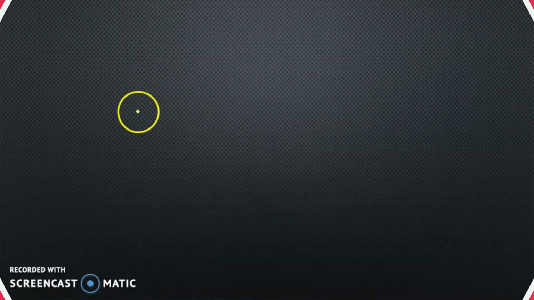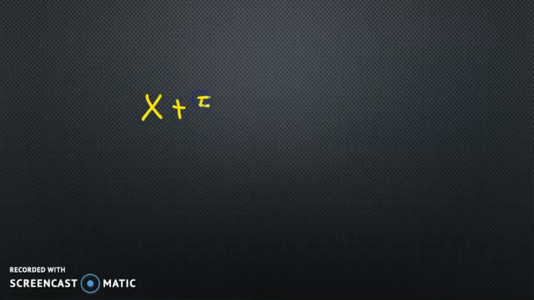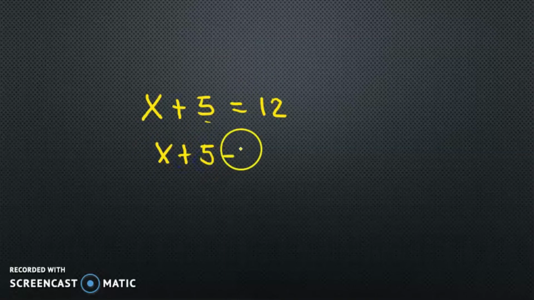So, another example for rule number 2. Let's say x plus 5 is equals to 12. Sabi sa rule, we're going to subtract both sides by 5. So x plus 5 minus 5 is equals to 12 minus 5.